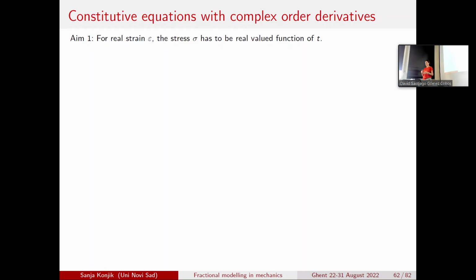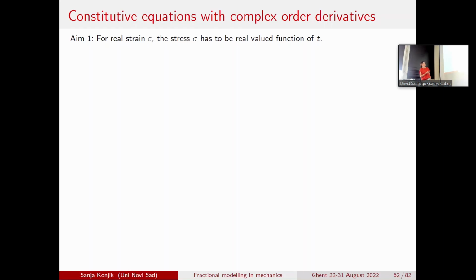We would like to stay in the real domain, so to work with real valued functions. So the first problem which we had was to think how to choose, or whether it is possible to choose, fractional derivatives of complex order in a way that once you apply it to a real valued function, you again obtain as a result a real valued function.